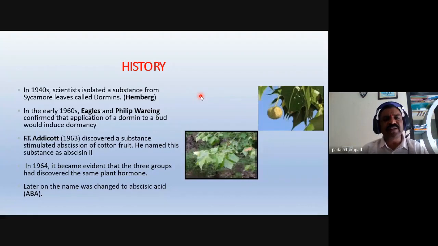And in 1963, Addicott et al., a group of scientists, Addicott and his followers, discovered a substance that stimulated abscission of cotton fruit, unripened or immature cotton fruit. Cotton fruit we can call cotton bolls. So from immature cotton bolls they separated the chemical substance, which is able to stimulate abscission in the cotton fruit. He named this substance abscisin 2.